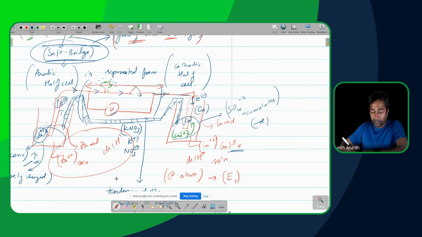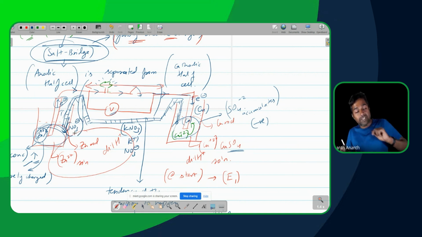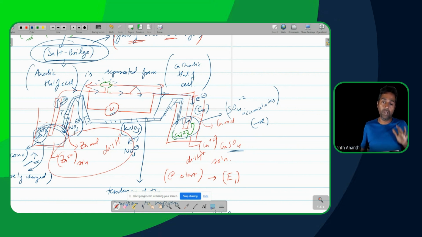As and when zinc 2 plus gets accumulated here, in that salt bridge we will usually have a substance like potassium nitrate, KNO3. If I have KNO3 in the salt bridge, what is KNO3 containing? It contains K plus ions and NO3 minus ions. Correct? So when this side is getting extra zinc 2 plus, I will have NO3 minus ions going in. For every single extra zinc 2 plus, 2 NO3 minus ions go in, balancing it out and neutralizing that solution immediately. In a similar way, when sulfate ion starts getting accumulated on this side, what will go inside over here?